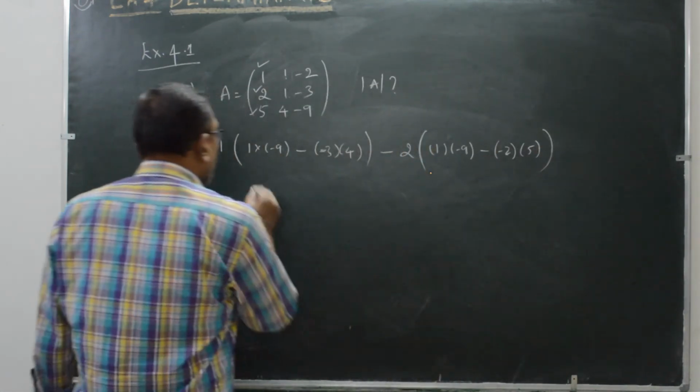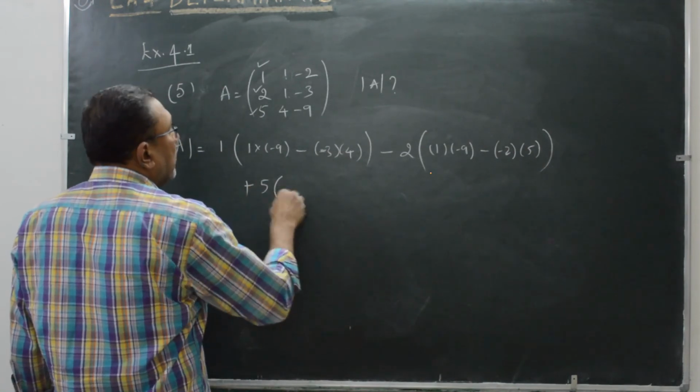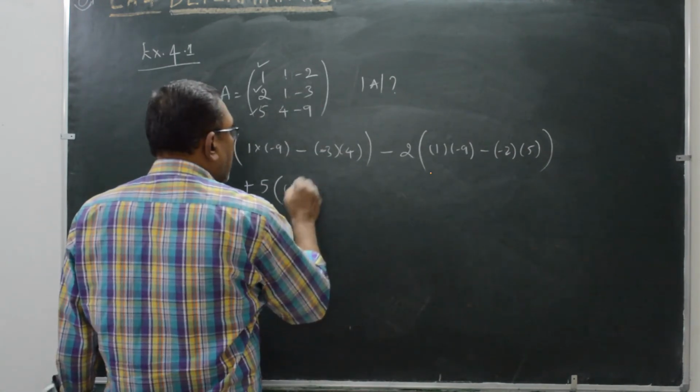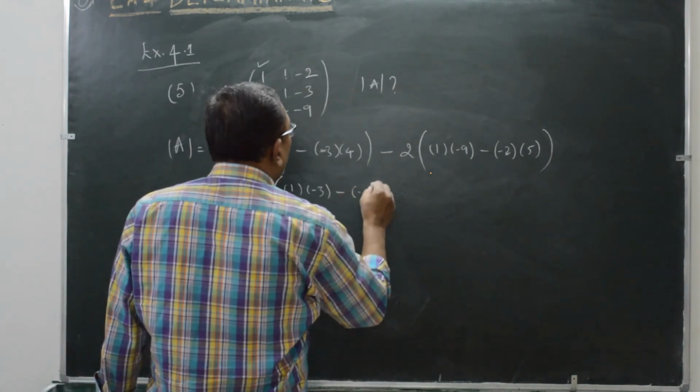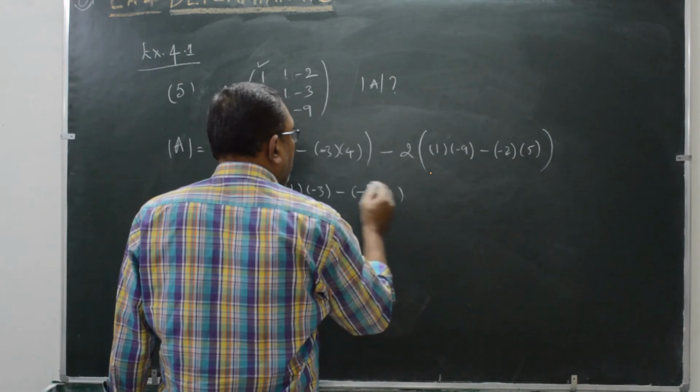Take the third one, plus 5. So 5 here, 1, minus 3, minus 2 and 1.